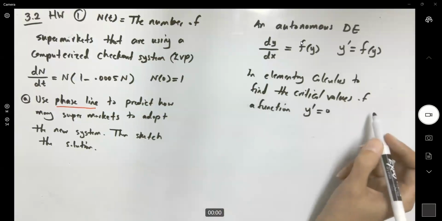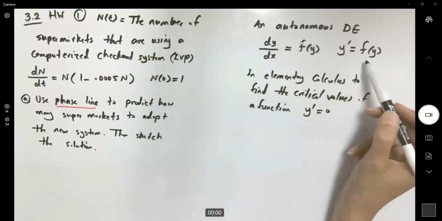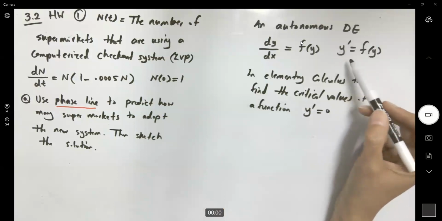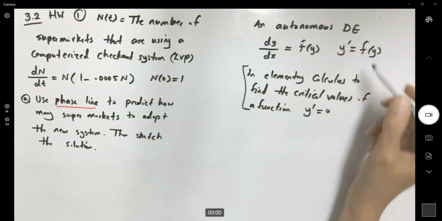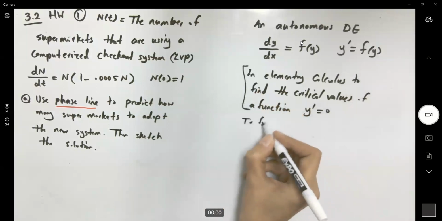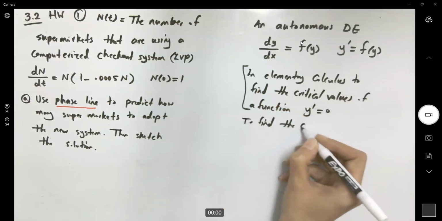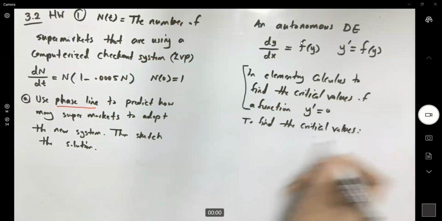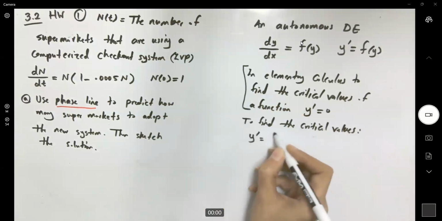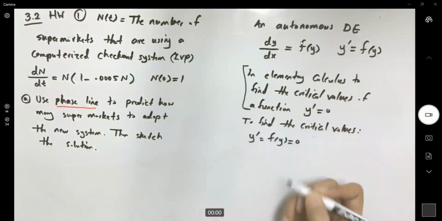It is the same concept. We have the derivative of the solution and we set it equal to 0. To find the critical values, set y prime, which is equal to f of y, equal to 0.